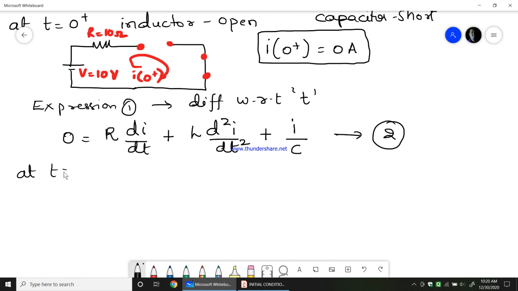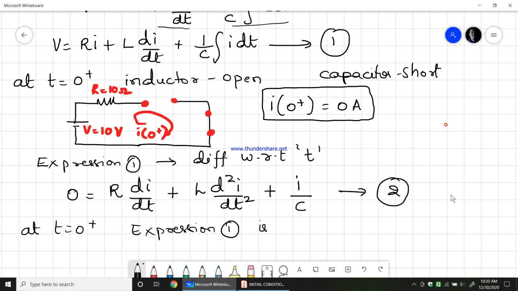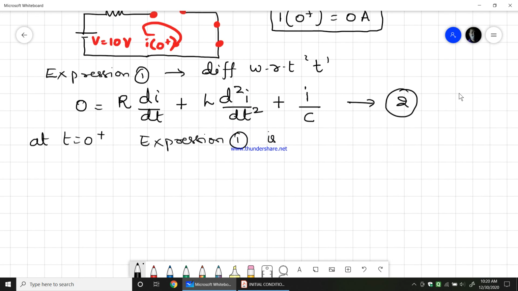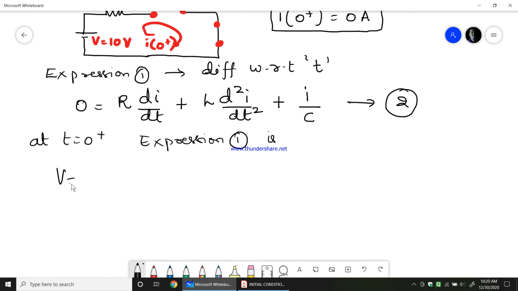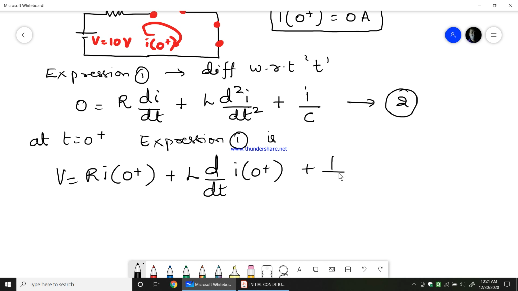So at t equals 0 plus, expression 1 becomes V equals R into I of 0 plus plus L into d by dt of I of 0 plus plus 1 over C integration of I of 0 plus dt.